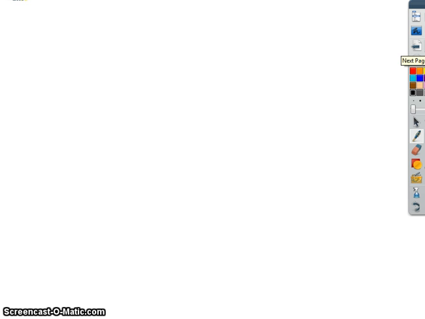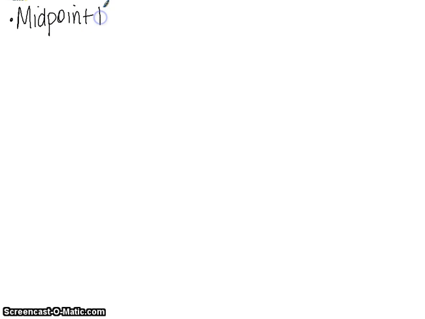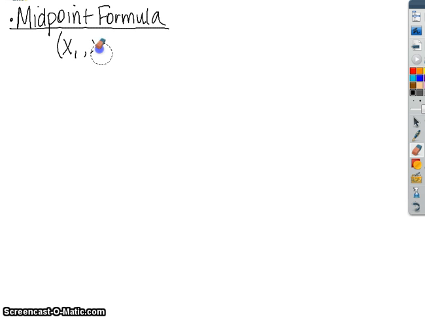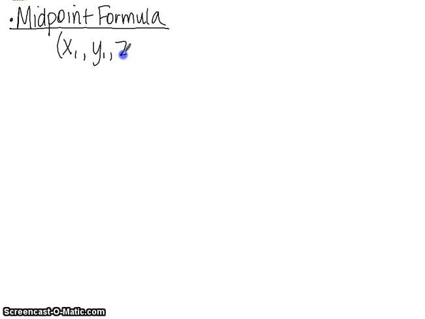The next one we're going to take a look at is the midpoint formula. Now again, you know what the midpoint formula is in two dimensions. Okay, so I'm going to start out the same. We have two points, x1, y1, z1, and x2, y2, z2.